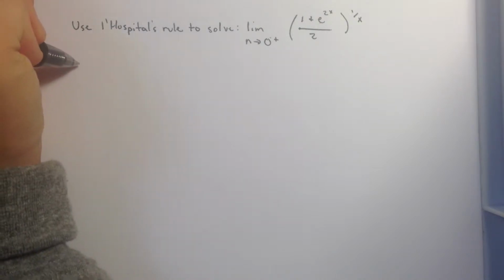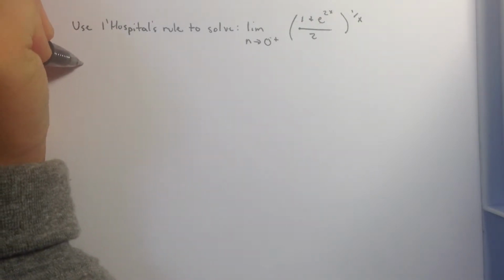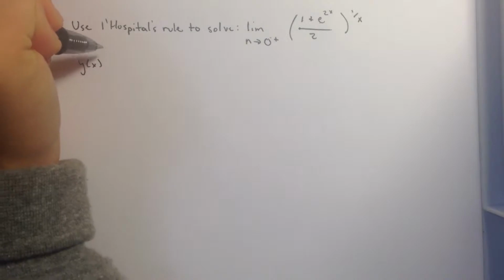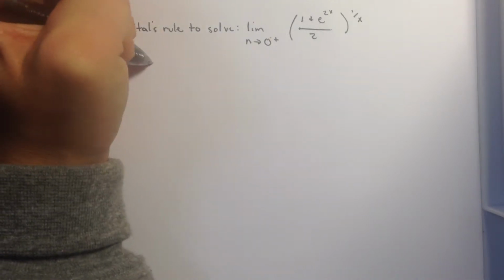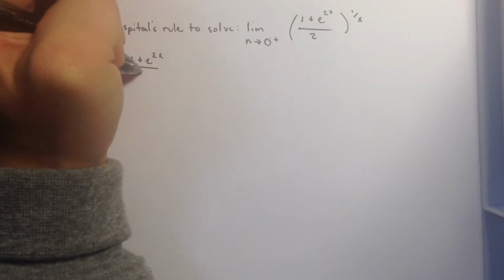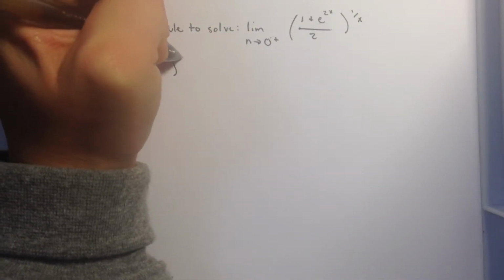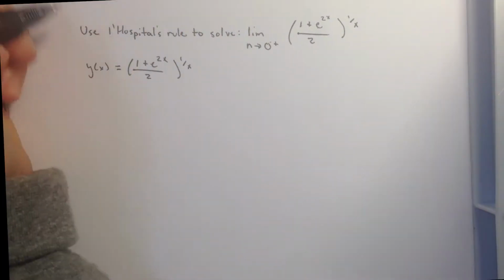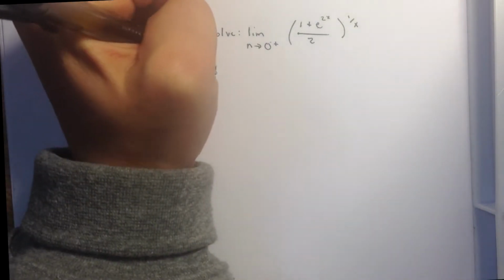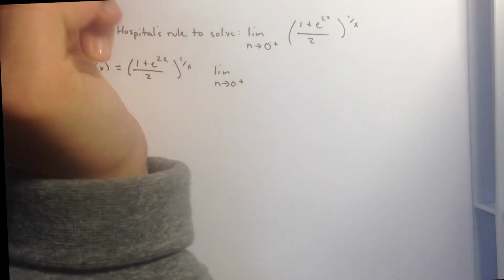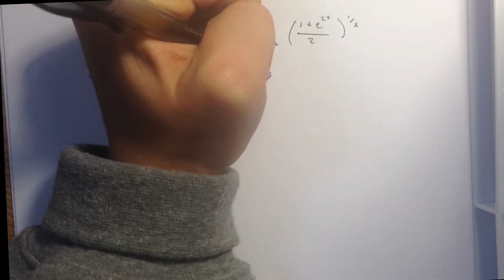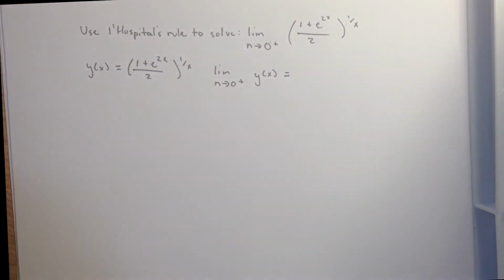Let's just go ahead and say that y of x equals (1 plus e to the power of 2x over 2) to the power of 1 over x. And if we just took the limit as it is right now, the limit as x approaches 0 from the right side of y of x, what does this equal?